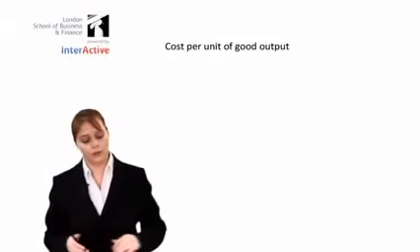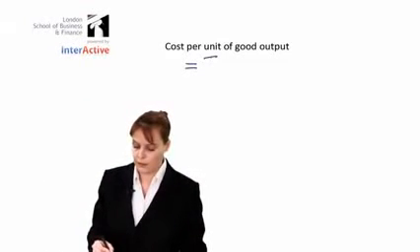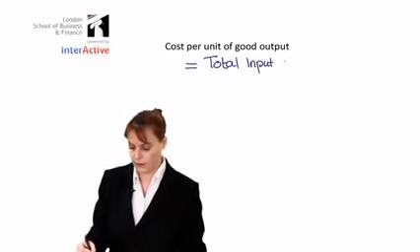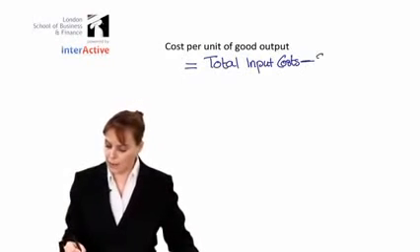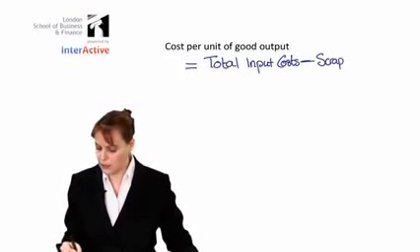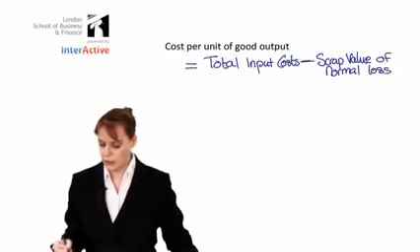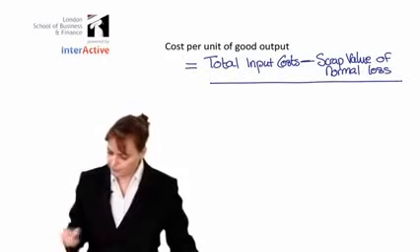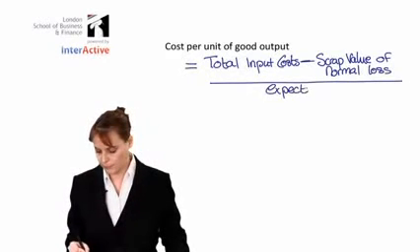Our cost per unit of good output will always be equal to our total input costs minus the scrap value of normal loss divided by our expected output.